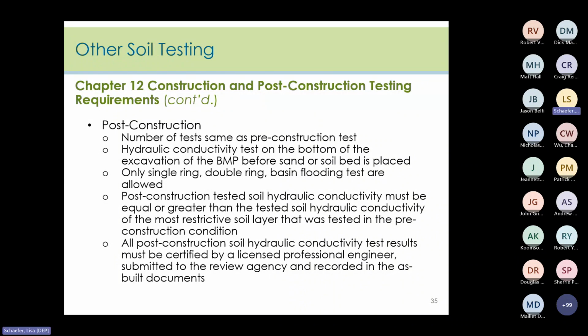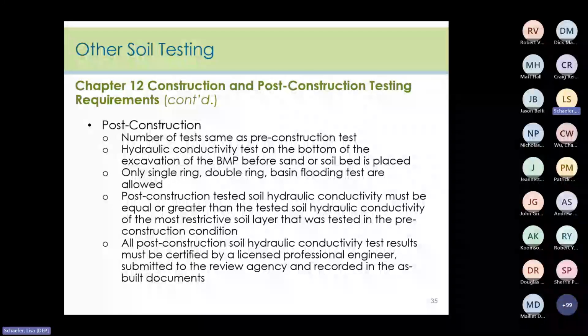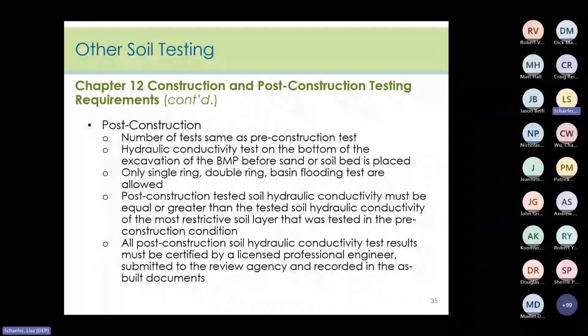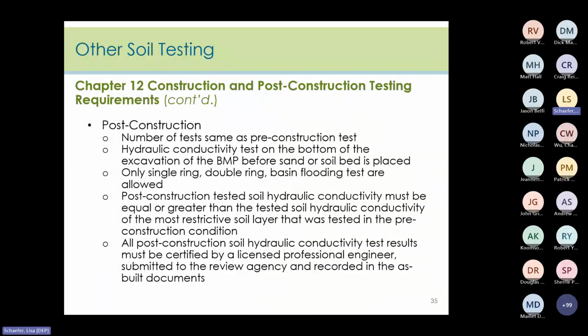In addition, hand tools and manual permeability test procedures must be used to avoid affecting the soil hydraulic conductivity. And the required number of tests for post-construction testing are as follows. The number of tests must follow the same requirements as the pre-construction soil hydraulic conductivity tests.